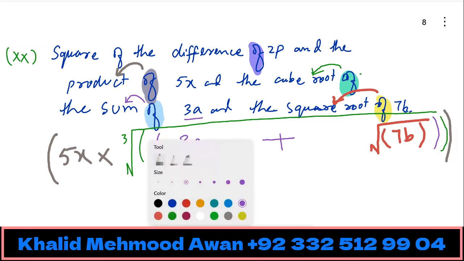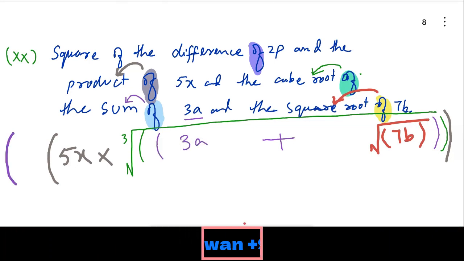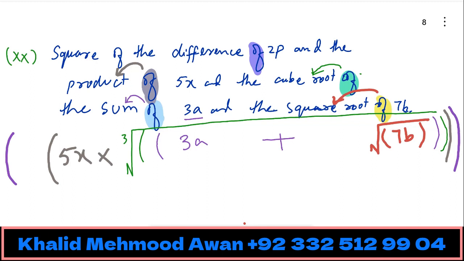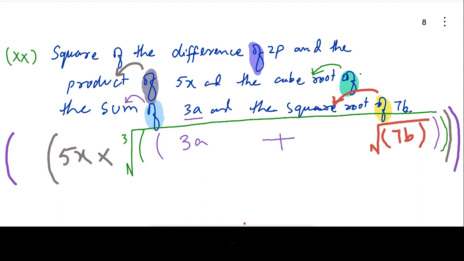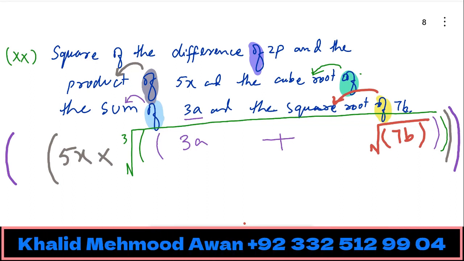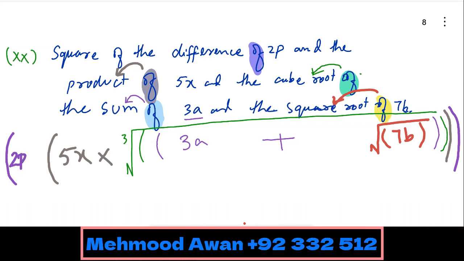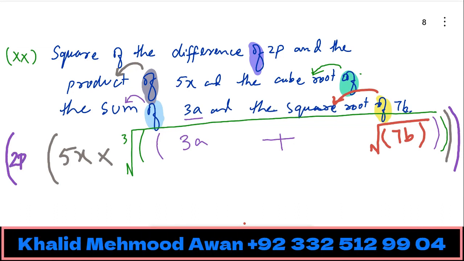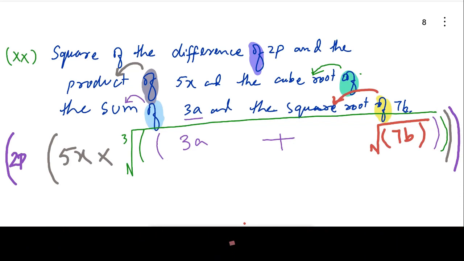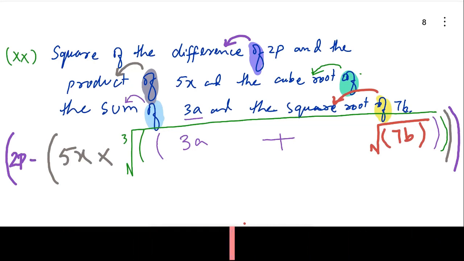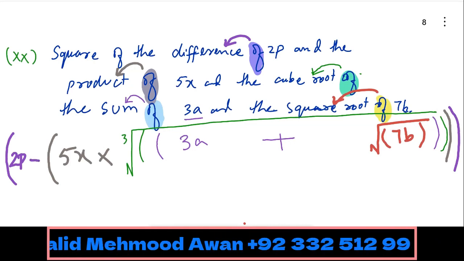So we are putting this bracket and the end of the bracket, and it says the difference of 2p and the product. So 2p will be written here, no other variable because the other variables have already been described. So 2p, and then before this it says difference, so we'll be putting the difference sign.